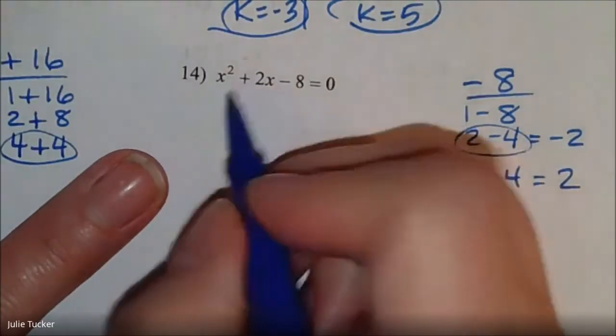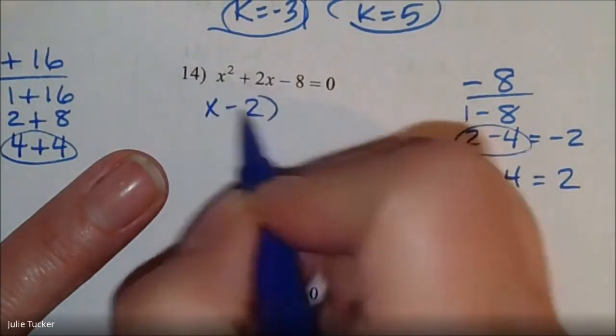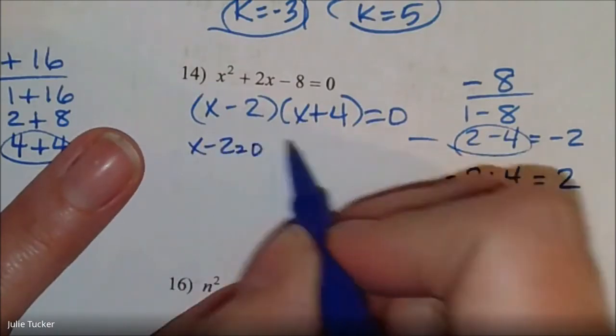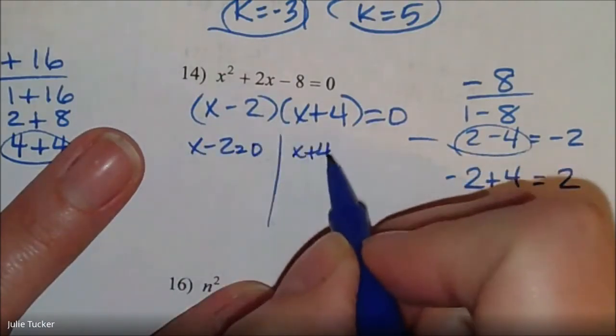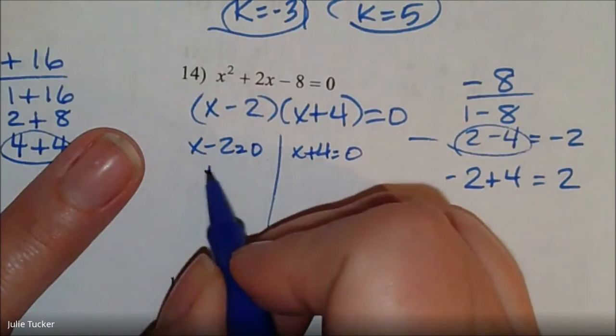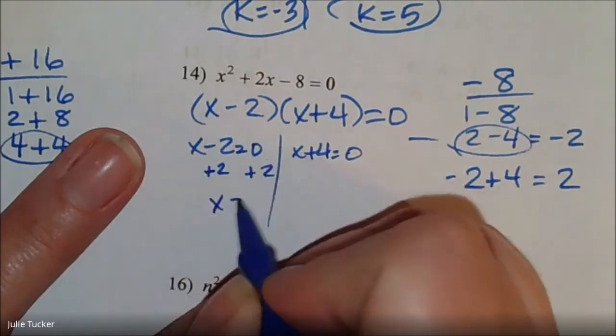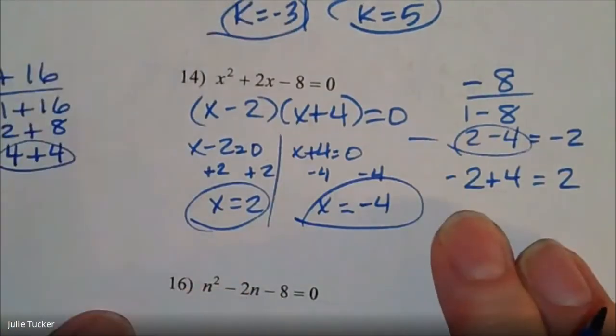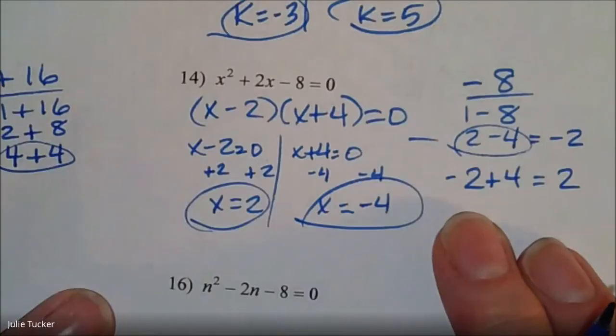Yeah. So that's what we want, -2 and +4. x minus 2, x plus 4. So now x minus 2 equals 0, x plus 4 equals 0, plus 2, minus 4. And those are my answers, +2 and -4.